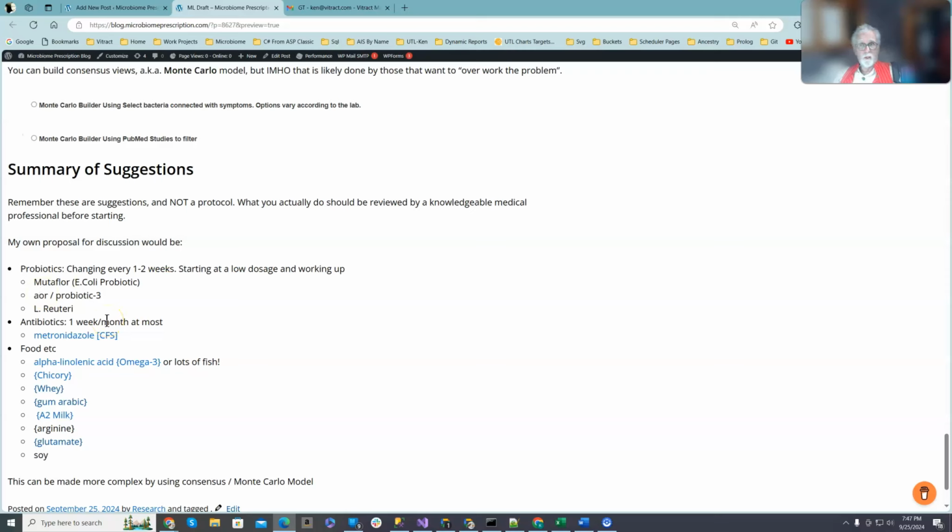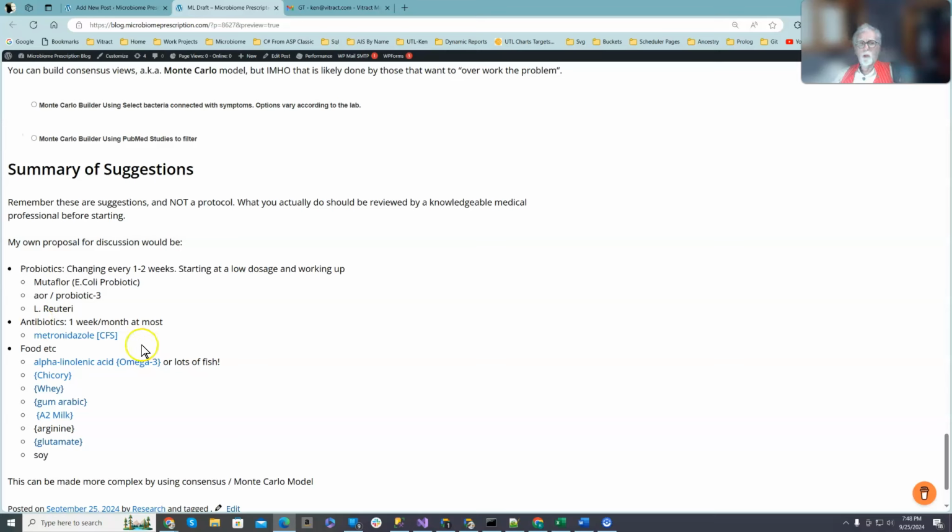Don't be surprised if you have adverse reactions like having diarrhea, or almost diarrhea, for a day or two. It means the probiotic is doing the job. So one to two weeks, go to the next one, one to two weeks.